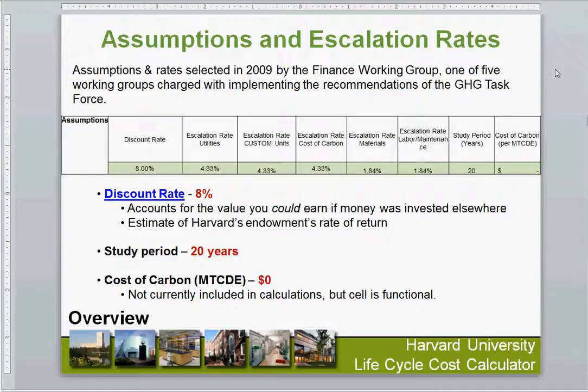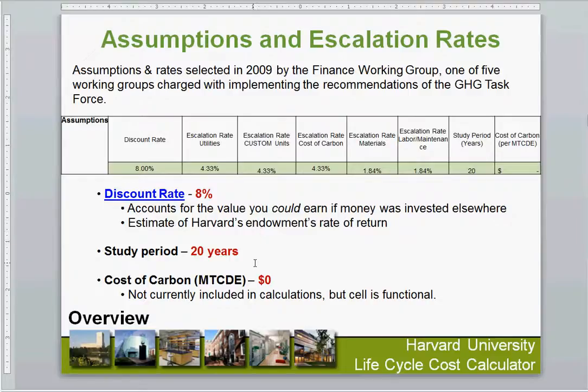So if I invested $1,000 today in the endowment, it's basically saying the amount of money I would have in year one would be $1,080. And if my utility savings from investing that in an ECM is less than $80, and all else is equal, then it would say I am net present value negative. I'm not earning money. So it would show a zero savings overall because it's comparing against that $1,080 from the discounted funds, not the $1,000 I initially invested. That'll become clear as we actually manipulate the calculator, but I'll show you in a bit.